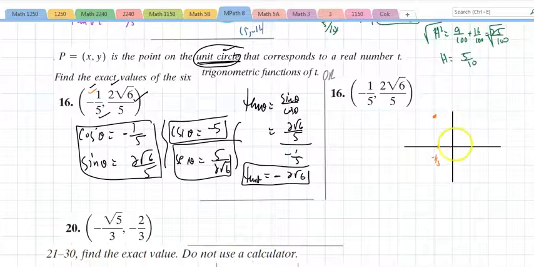If you draw a line from the origin running to that point, and always down to the x-axis to create the triangle, this side right here, this length, is actually negative 1/5, and this is 2 radical 6 over 5. If this is a unit circle, isn't that a 1? Because that represents the radius of the circle. Well, there's cosine of theta. It's negative 1/5. There's sine of theta. It's 2 radical 6 over 5.